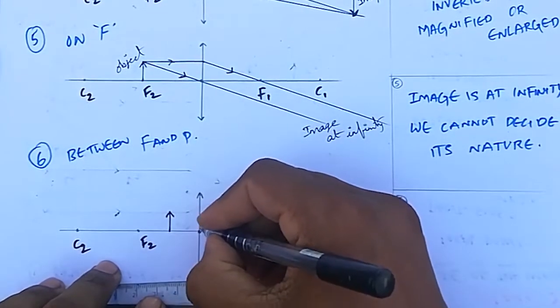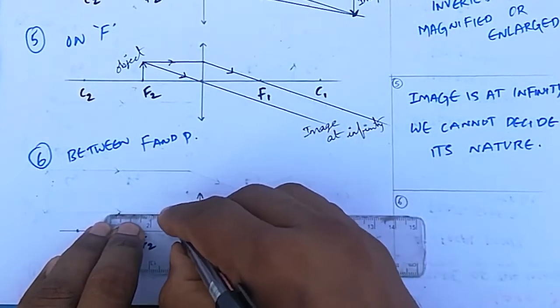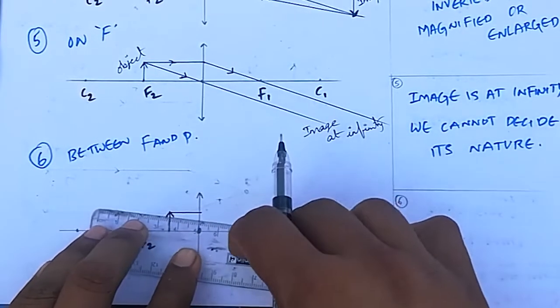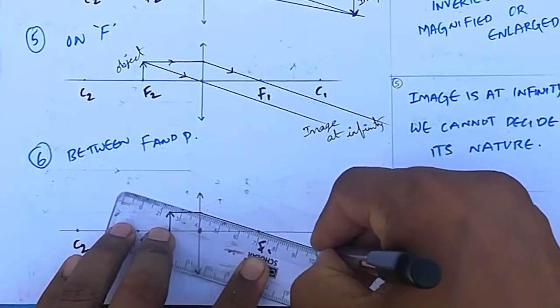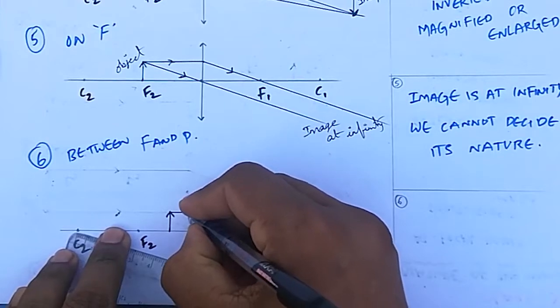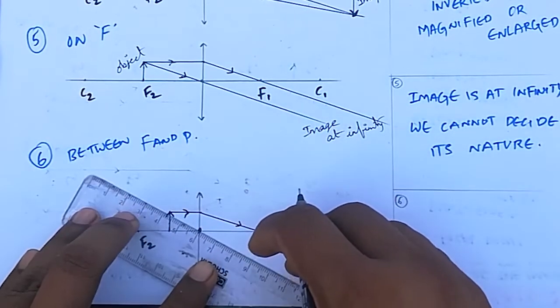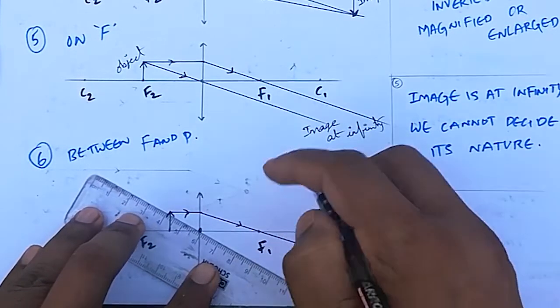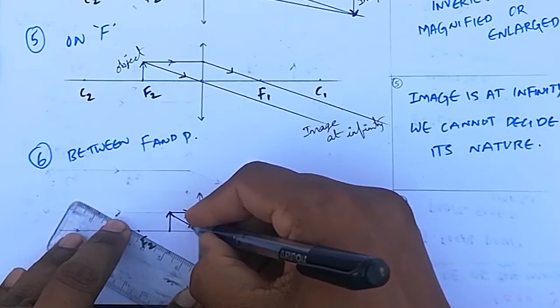From the optic center, passing through this one, draw the horizontal line, then extend and converge it like this. Now from the optic center, same, these are the incident rays.